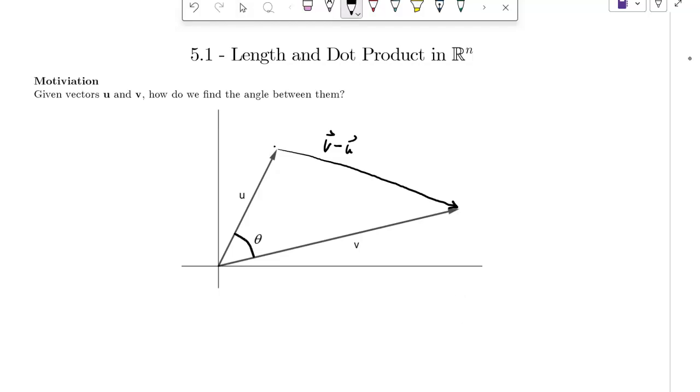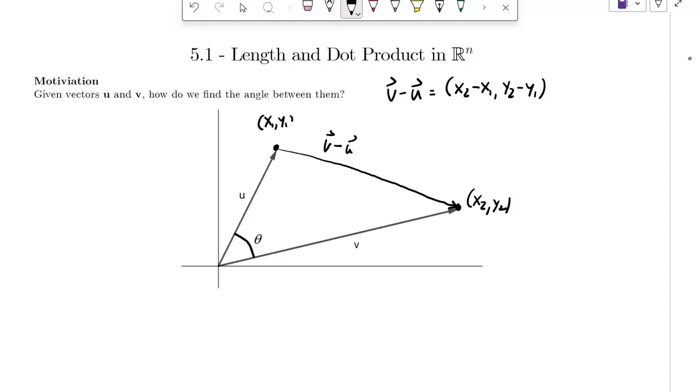So let's call this point right here x1, y1, and let's call this point right here x2, y2. Then your vector v minus u will be x2 minus x1, y2 minus y1, right? Subtracting those two.